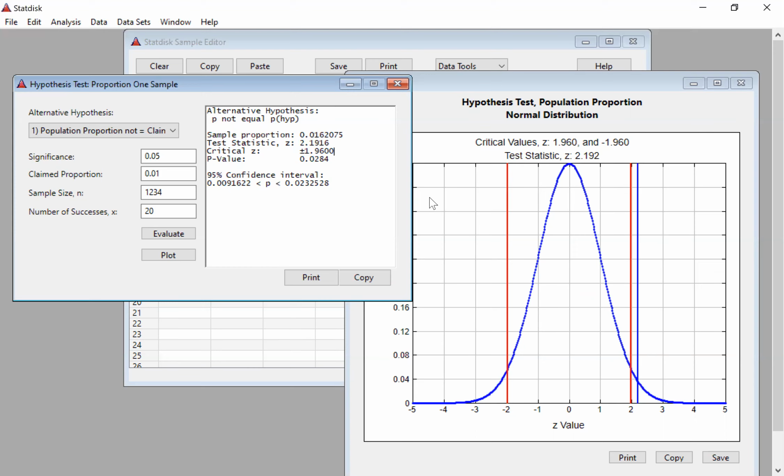And that's exactly what happens here. Our test statistic is 2.19. So we're a little bit over 2 standard deviations away from what we would expect if the true population proportion was 1%. So what I'm going to do now is take this information back to our screen here.